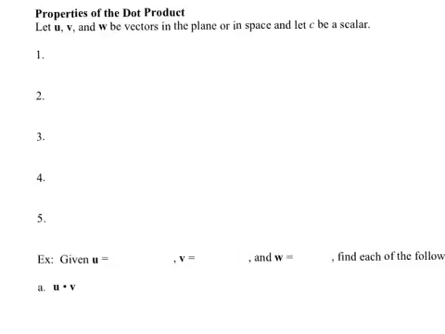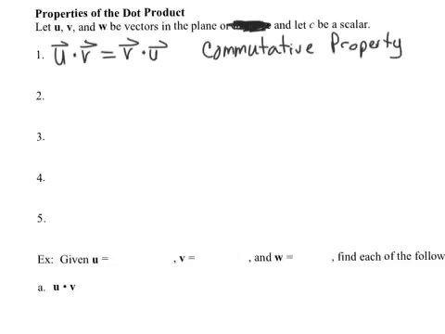Now we're going to talk about some properties of the dot product. So we'll start off just saying we're going to let u, v, and w be vectors in the plane. And actually we don't talk about in space this year, but it really doesn't matter. And c is going to be a scalar, meaning just a plain number, and it's not a vector. So the first property is what we just showed, is that u dot v is equal to v dot u.